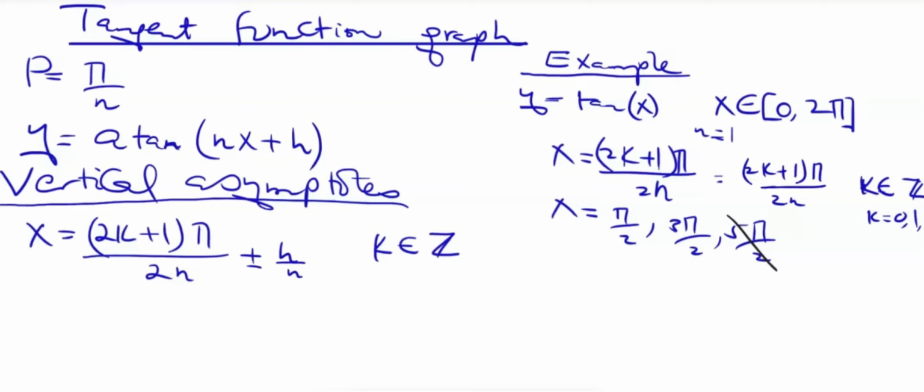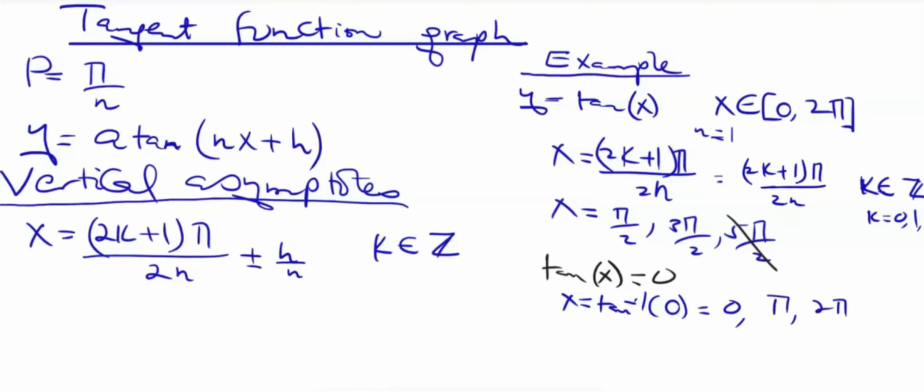The x-intercept we get when y equals 0. So if I zero the y, tan inverse 0 is 0, and also pi and 2 pi.